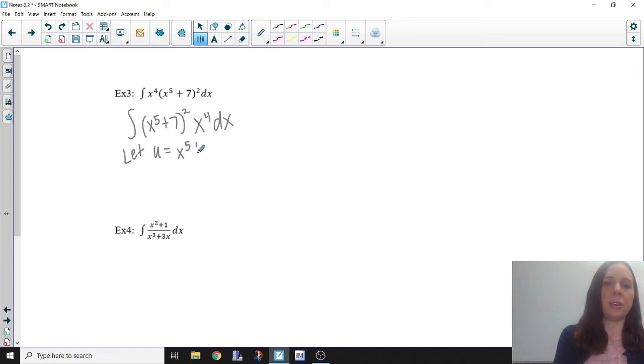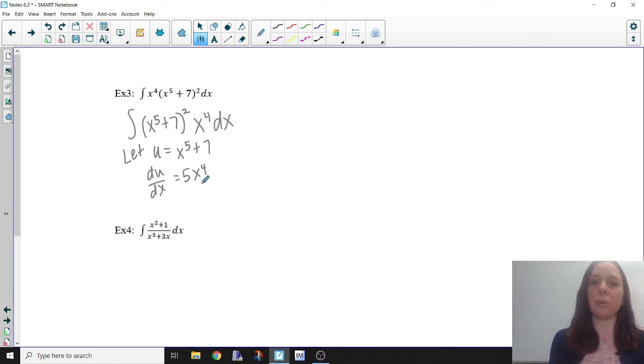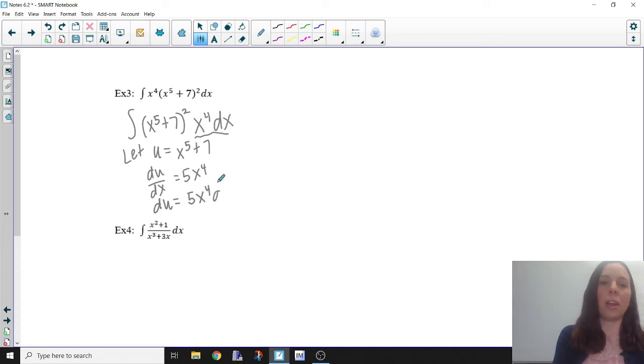And take its derivative, which is 5x to the 4th. Okay, here's what I mean by we're going to have to do a little bit more rearranging. Notice that we only have an x to the 4th dx. So when we move the dx over, we're not quite ready to go into our u form because there's this 5 here that we don't see up here.